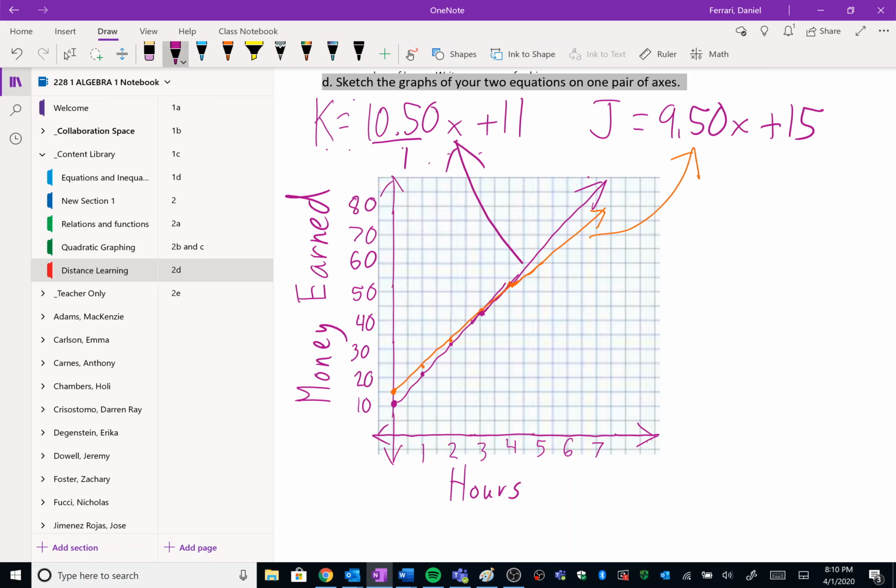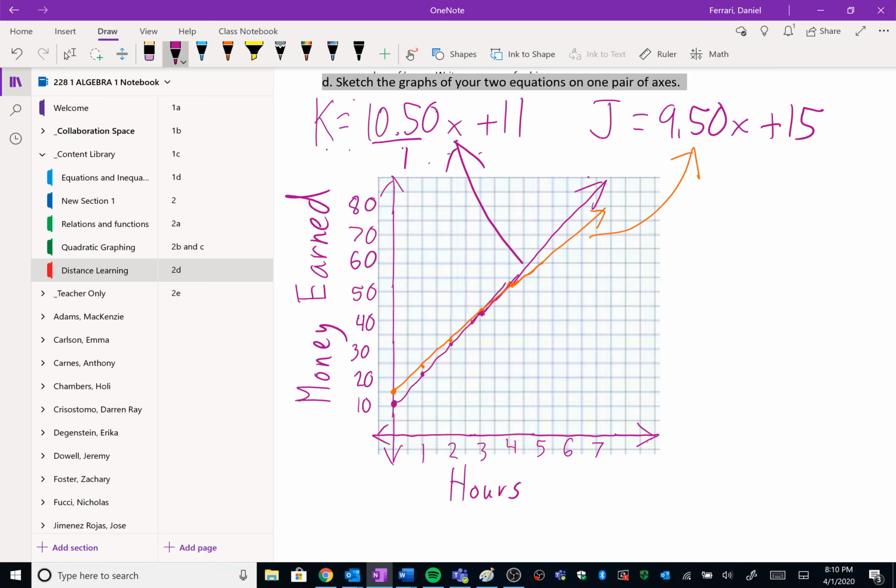I think it was $21.50 or $21. Jordana is making just a little more, right? How about at 2 hours? Again, Jordan's making just a little more, right? At 3, they're really close together, but again, Jordan is just a little higher, okay?